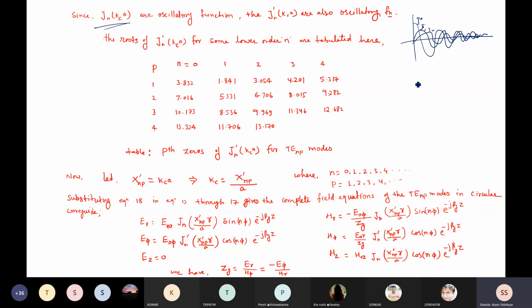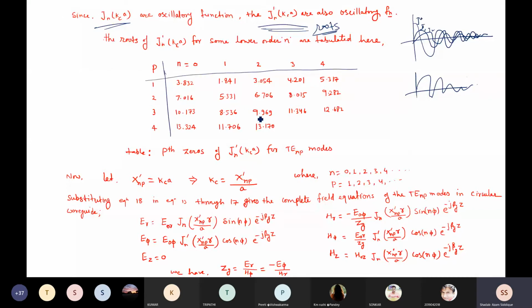If it is oscillatory, there should be some roots or zeros existing, and those roots are represented in table form.